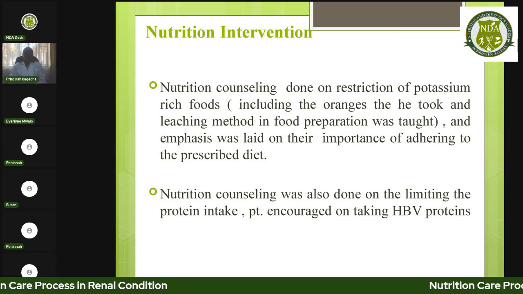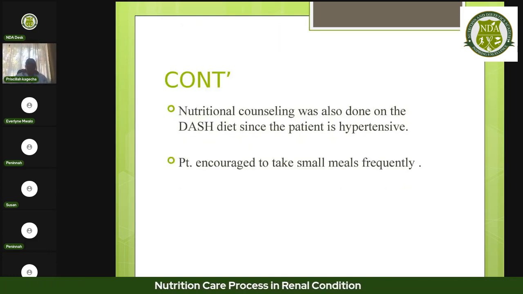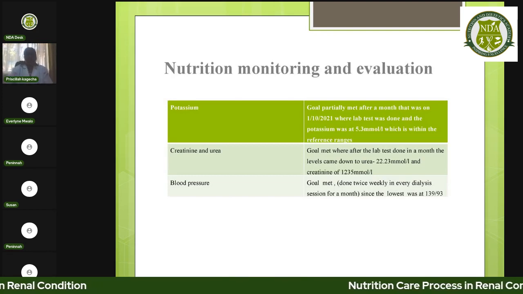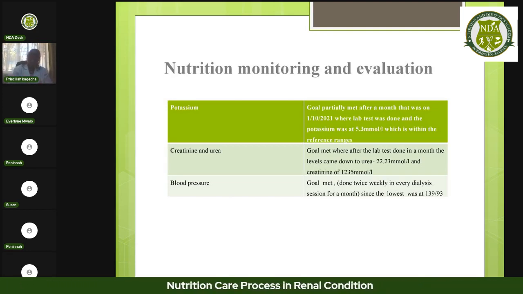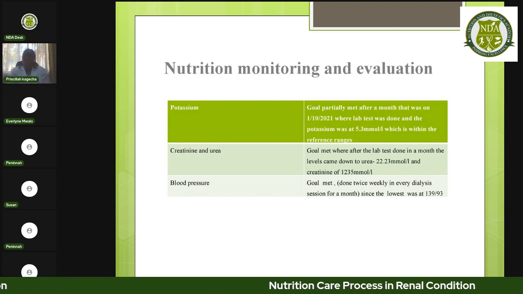So when you're doing your monitoring and evaluation, you want to look at your goals. The number one goal would be potassium. The goal can be partially met or fully met depending on the values that you want to look at, maybe after a month.